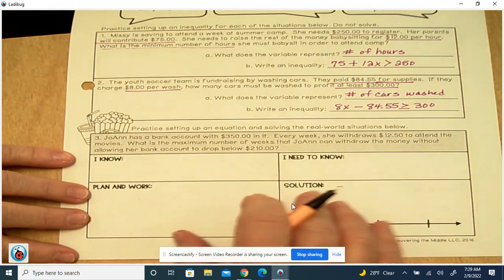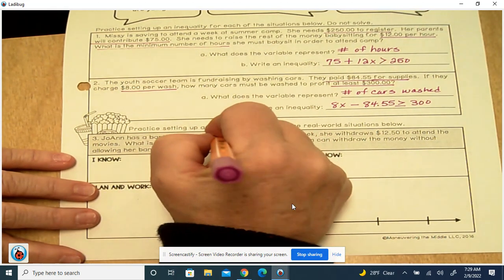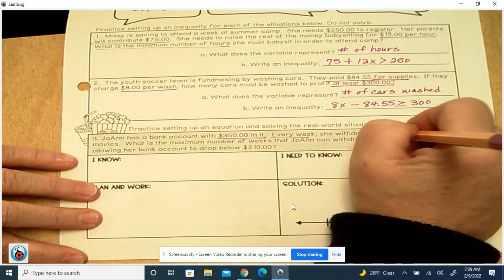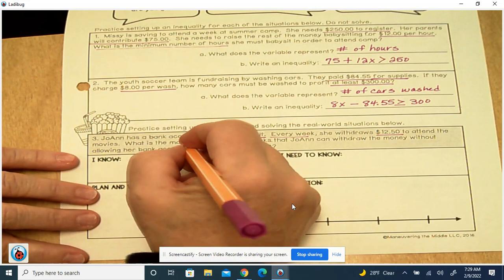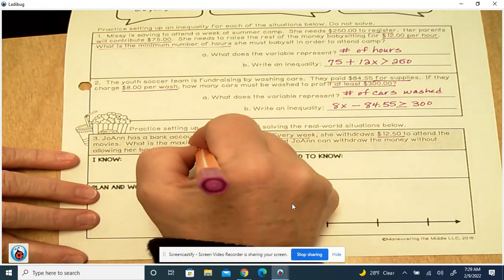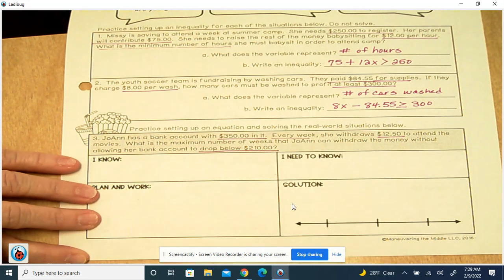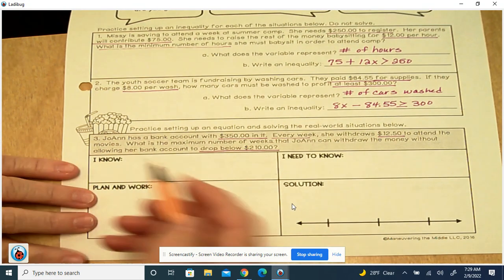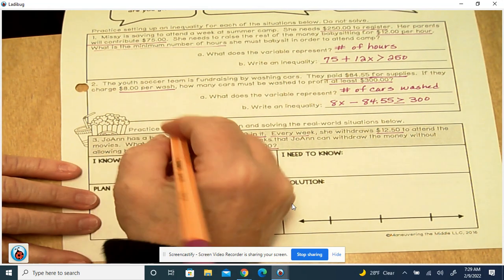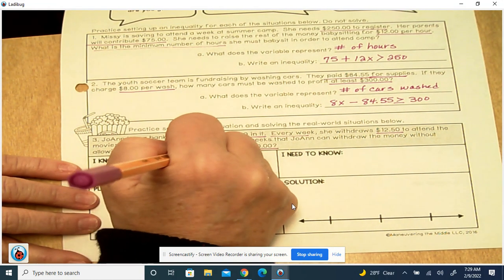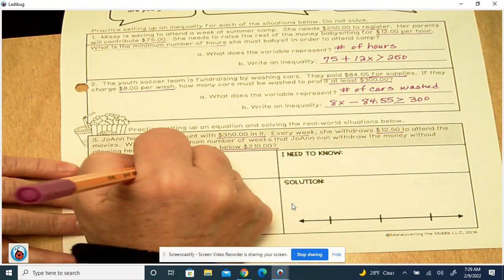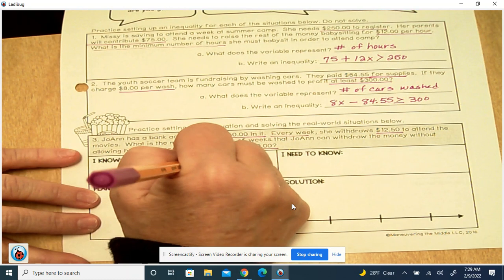Number 3, Joan has a bank account with $350 in it. Every week she withdraws $12.50 to attend movies. What is the maximum number of weeks that Joan can withdraw the money without allowing her bank account to drop below $210? Okay, so in the bank there's $350, and she spends $12.50 each week.